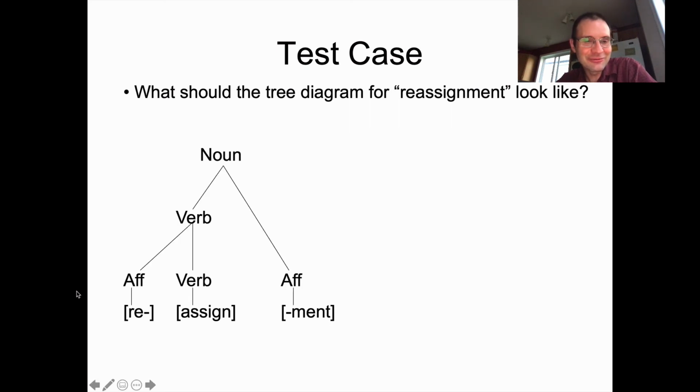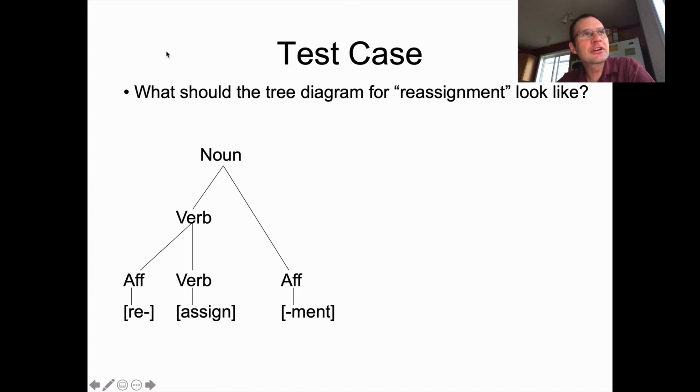So reassign is a verb. Like first I assigned the homework to Billy, and then I reassigned it to Sue. And either way, when I did that reassigning, it was a reassignment. So I created a noun out of that verb reassign. The only difference here is this last affix, ment, which again can attach to a verb to create a noun.